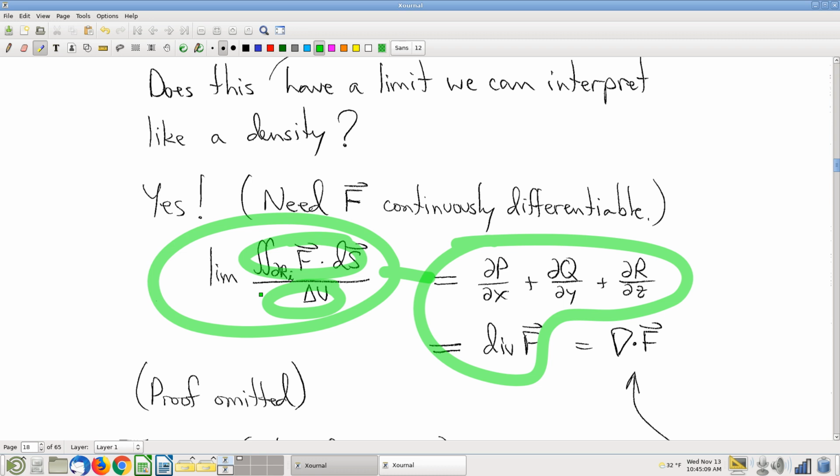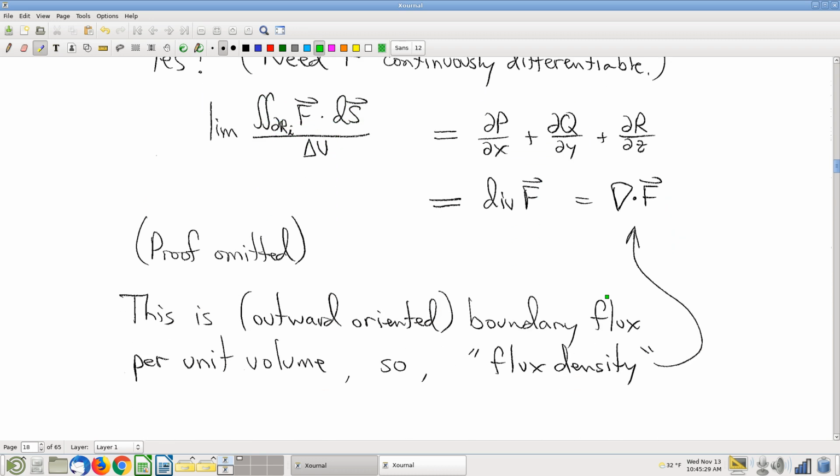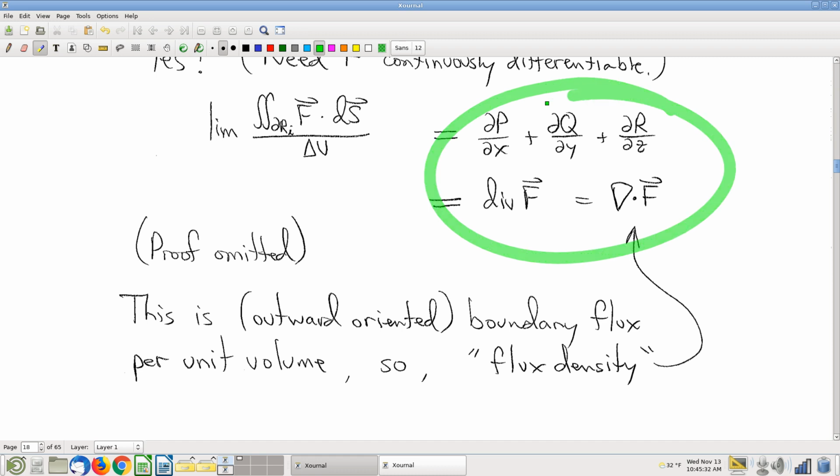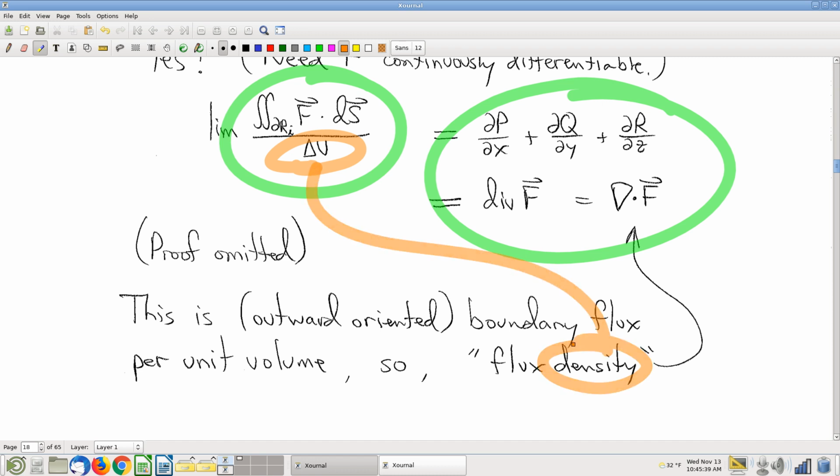Just like total mass is the sum of all the little pieces of mass, outward-oriented boundary flux is a sum of a bunch of little tiny pieces of outward-oriented boundary flux. And as such, this is a density. This is quantity per unit volume, and therefore a density. Quantity of what? Well, flux. So therefore, flux density.